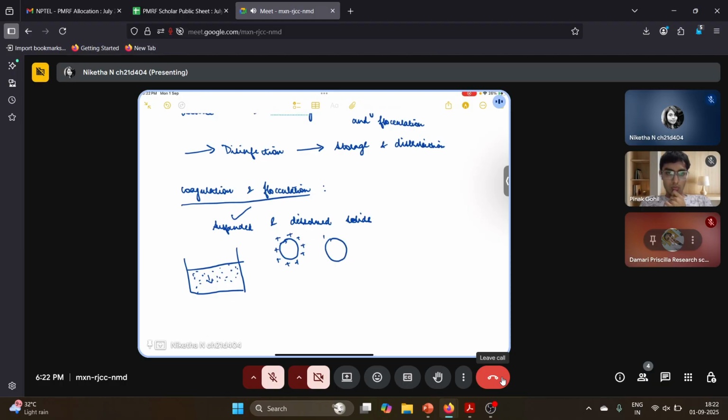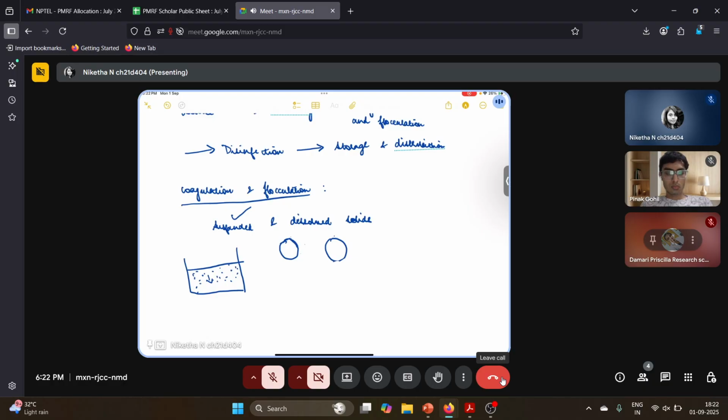There is one more particle over here. Both of these repel each other, and that's why they don't come together. But when we do coagulation, we remove these surface charges and make them neutral. When they are neutral, there is no repulsive force.